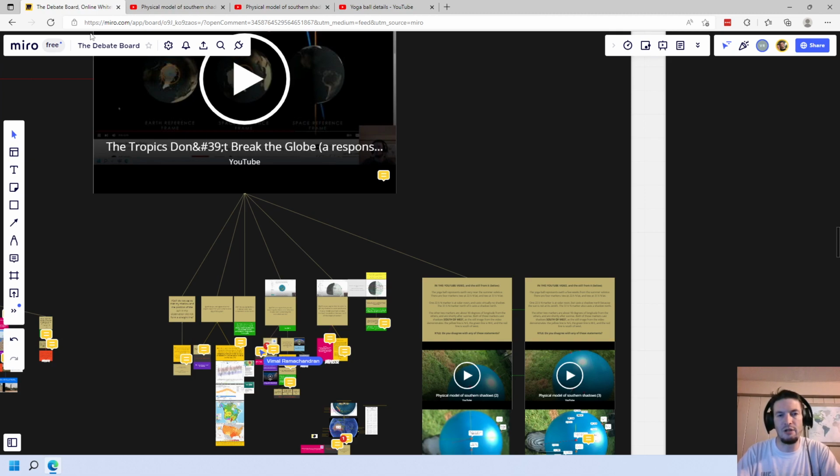That's why I used the actual sun as my light source. And by placing the yoga ball on the waste paper receptacle, I was able to rotate the yoga ball however I needed in order to get the sun to be directly overhead to the marker at solar noon on the Tropic of Cancer. I hope this video is informative.